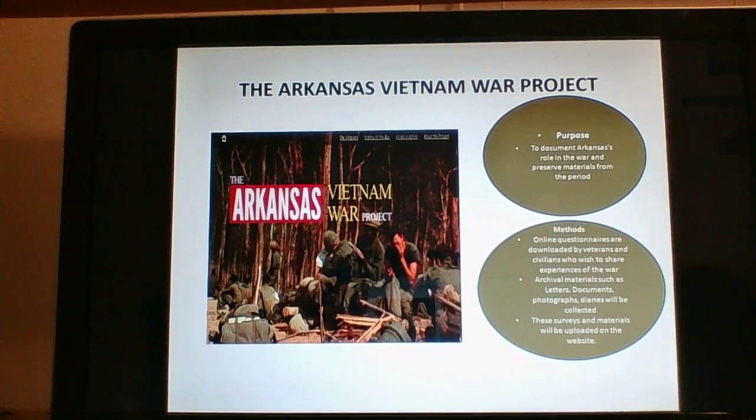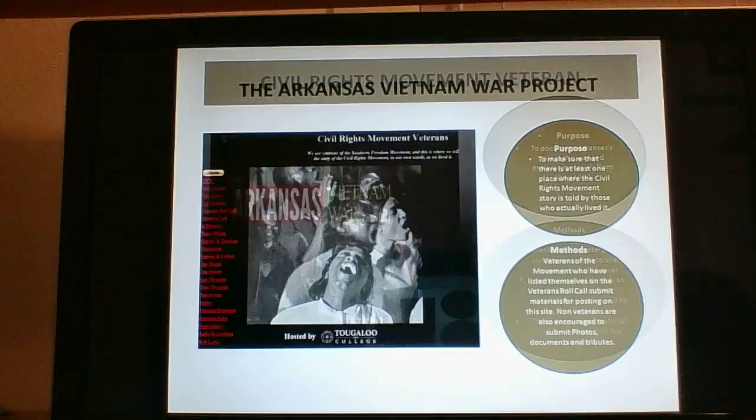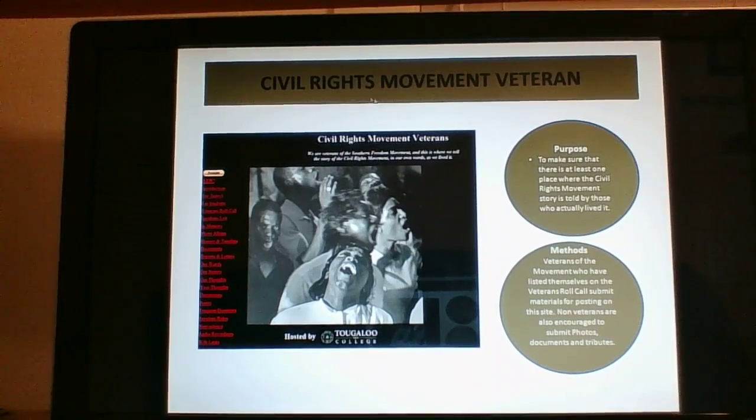And now let's look at the third DH project, which is the Civil Rights Veterans Project. This project is slightly different from the two mentioned in that it's not about war, or it could also be about war in a way, because the civil rights movement arose in the 60s as a result of the segregation of the blacks by the whites, and so they had to create this movement to fight for their freedom.